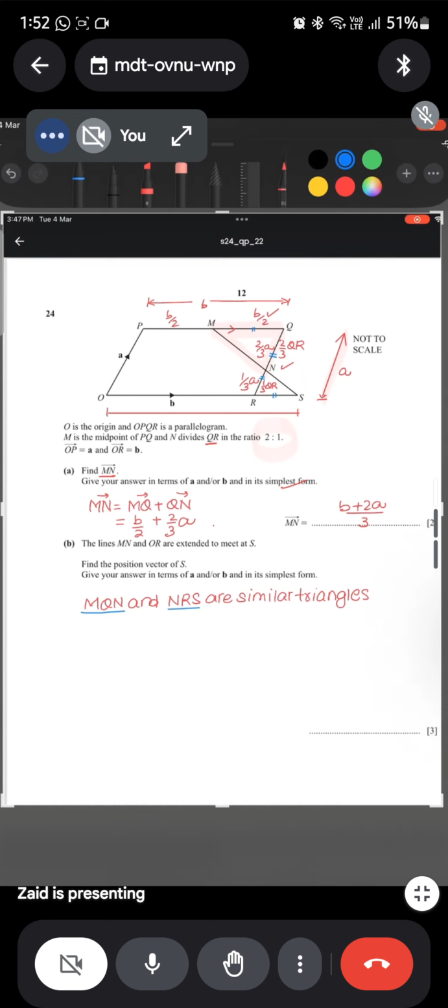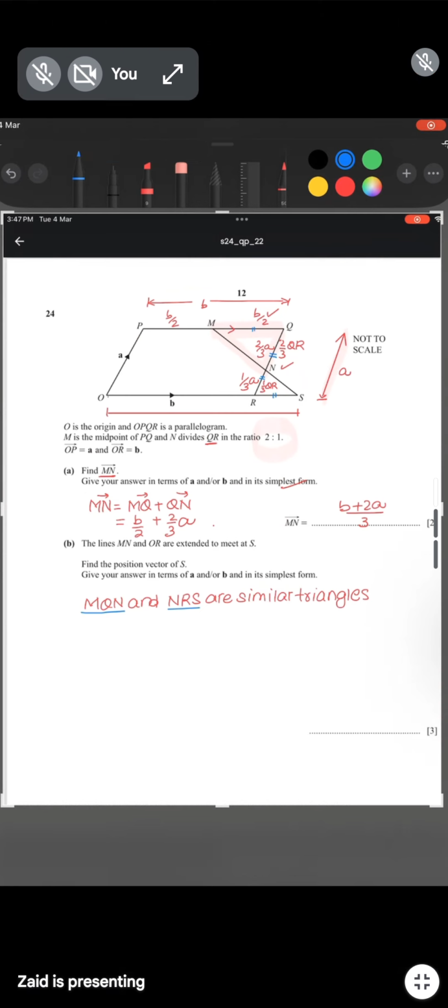The biggest problem is that I want to find RS, because if RS is known to me, then I can just add OR and RS to get OS. Position vector of S means I have to find OS, so OS is basically going to be OR plus RS. We are doing all this to get the value of RS.